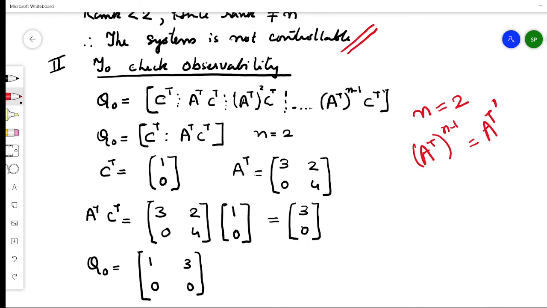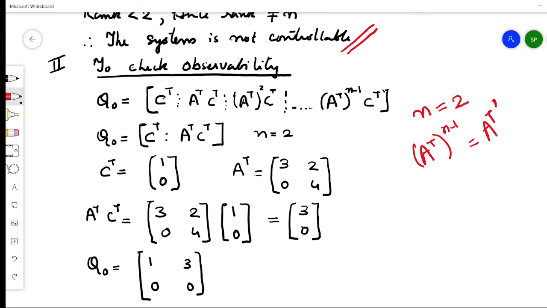So Q0 will be C transpose first, then A transpose C transpose. We can't go for A transpose square because our last term should be A transpose. So we have only two terms here. Now C is given in the question, from the output equation we got C. A is also given, from the state equation we got matrix A. So the matrix A transpose will be 3, 2 and 0, 4.